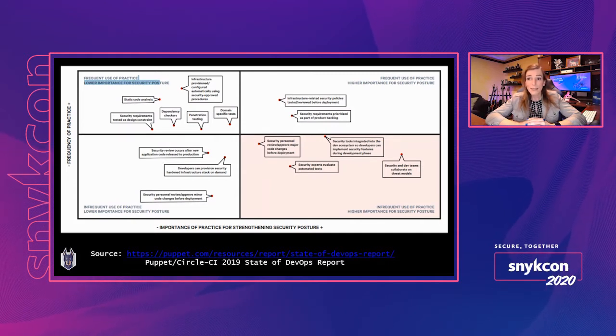And along the x-axis, the importance or the impact that those security practices have on the security posture of that system or even that entire organization. Now, if you look in the far lower left here, what you see is what doesn't happen often, but has the most impact on security posture: these collaborative efforts in threat modeling. This is why we threat model. It makes us more secure.